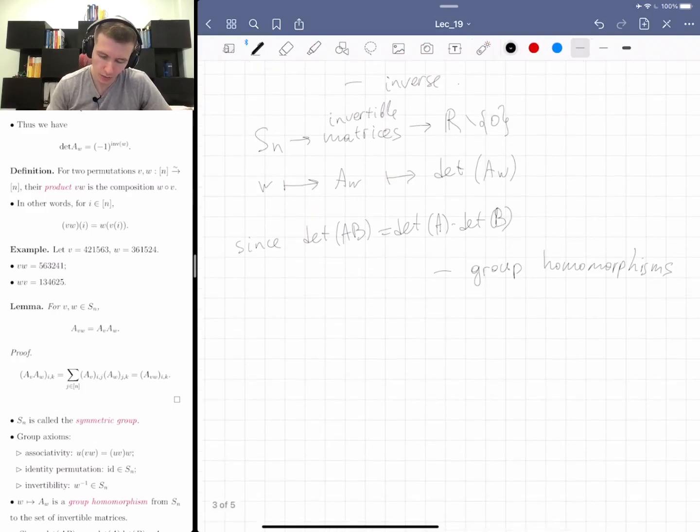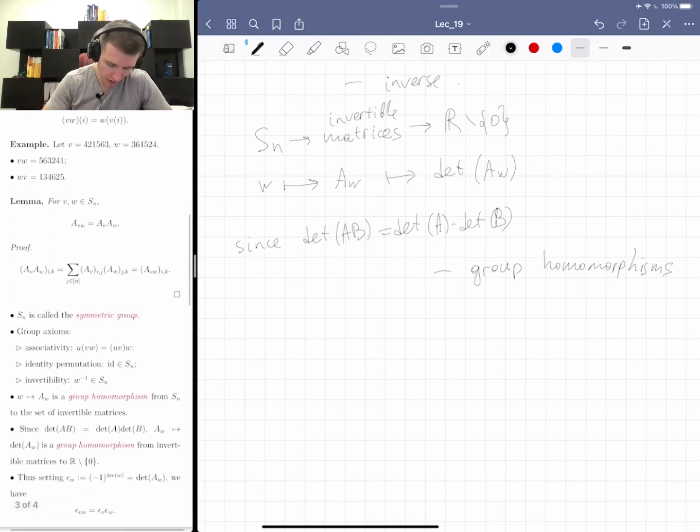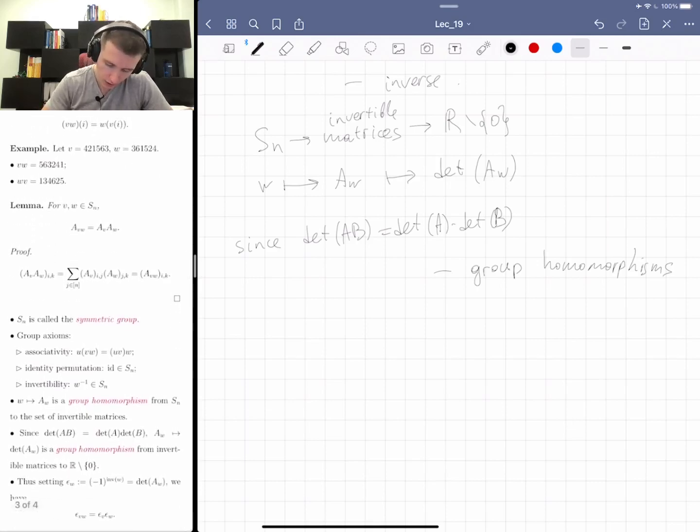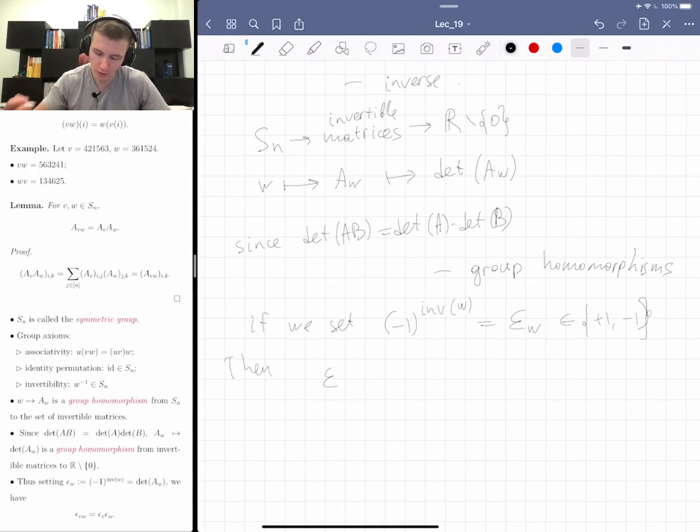I guess what I'm trying to say is that if we set epsilon of W to be minus 1 to the number of inversions of W, which is either plus 1 or minus 1, then epsilon is a group homomorphism. So epsilon V times epsilon W is equal to epsilon of V times W.